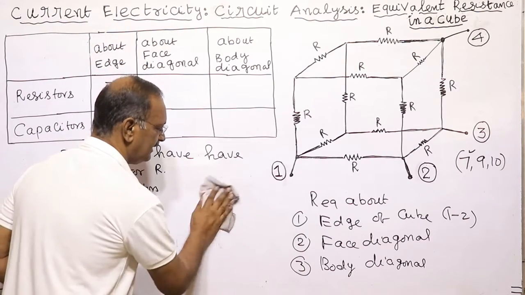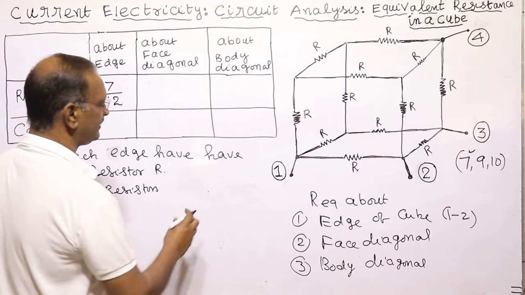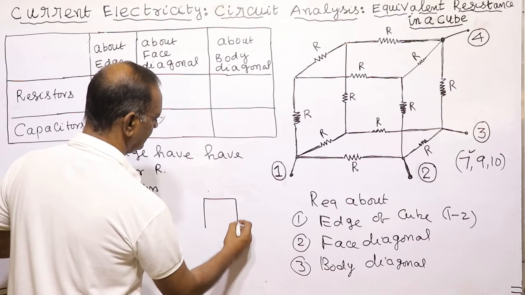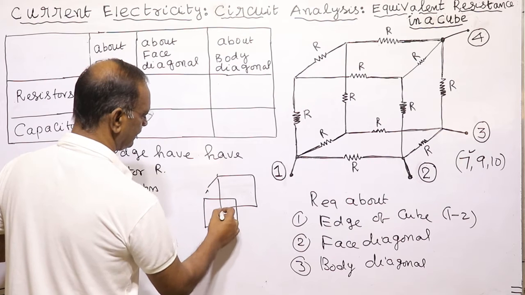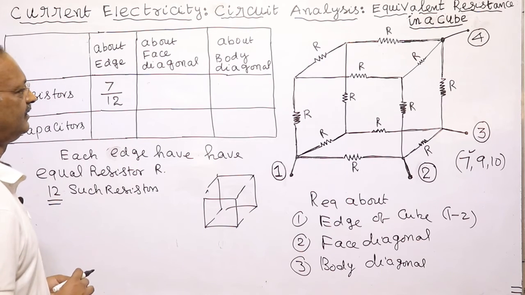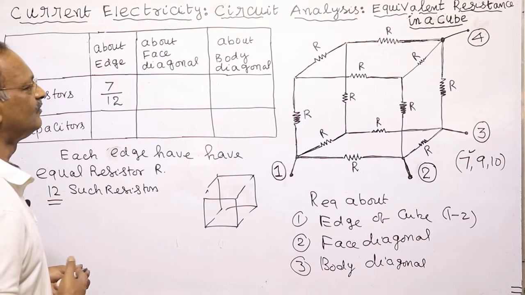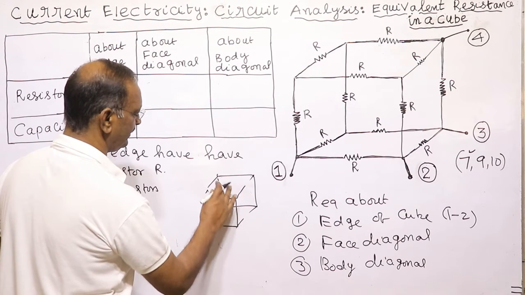Now let us see the diagonal. Diagonal means the face diagonal. Face diagonal means this one and this one, the face diagonal 1, 3. This is one face, this is one face.